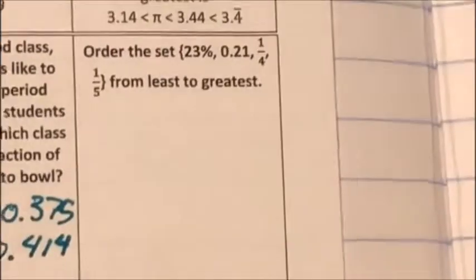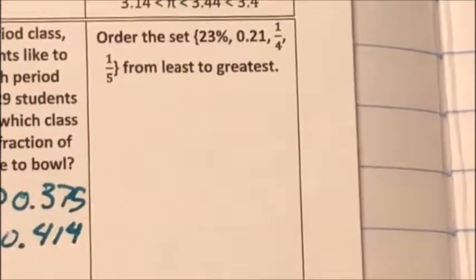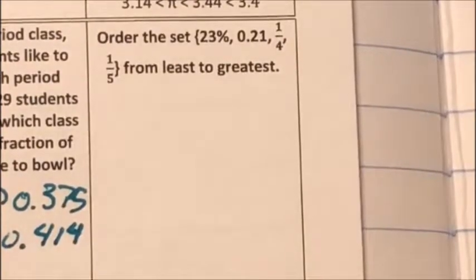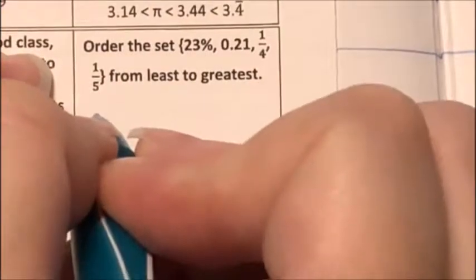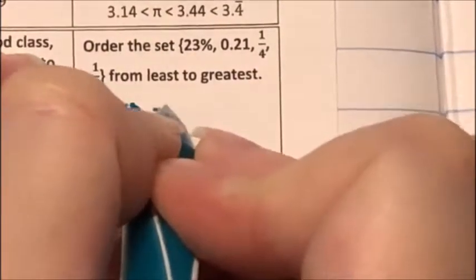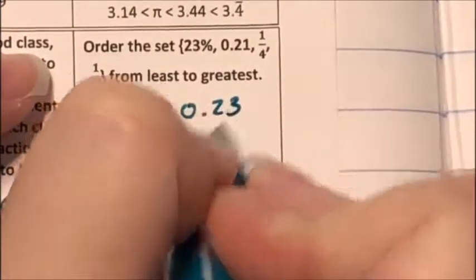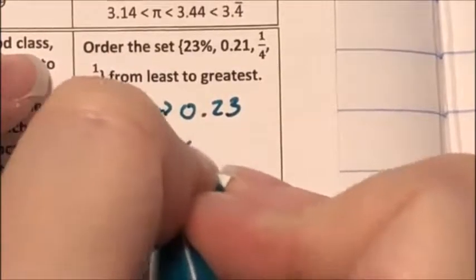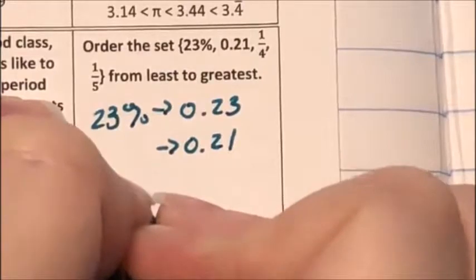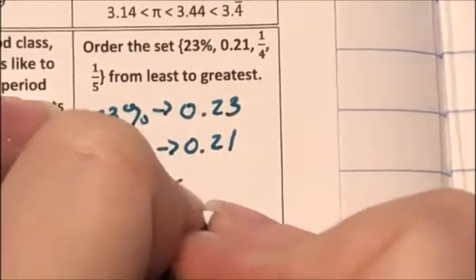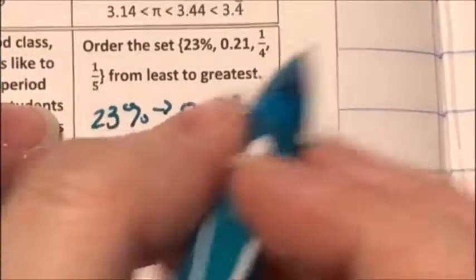The last problem I have on this page is order the set 23%, 0.21, 1/4, and 1/5. So 23% becomes 0.23. 0.21 stays the same. 1/4 is 0.25.